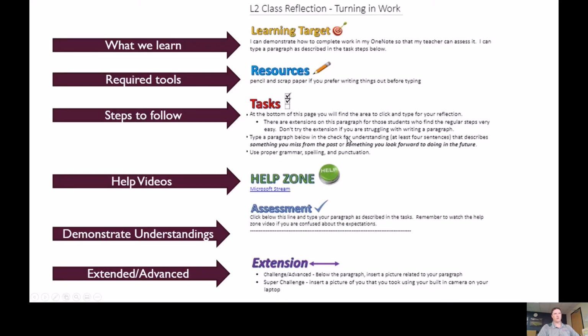And here we have daily, these are what the assignments look like in all 3 classes. There's a learning target, the resources that will be needed, and then the tasks, or what does that student need to do, the steps that they need to follow. There's usually a help zone, which is a video or some sort of explanation that will help them independently seek help on how to complete the task.